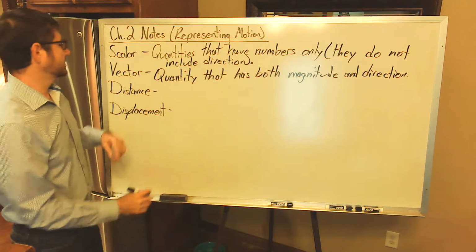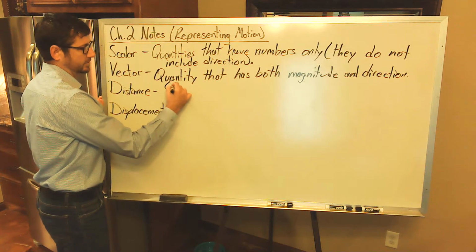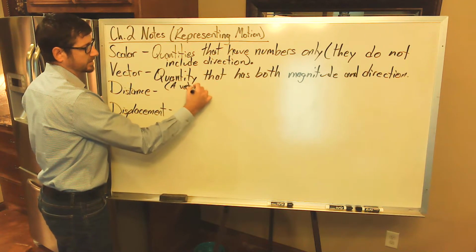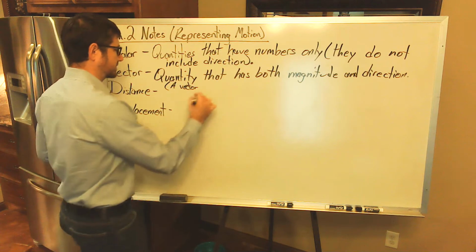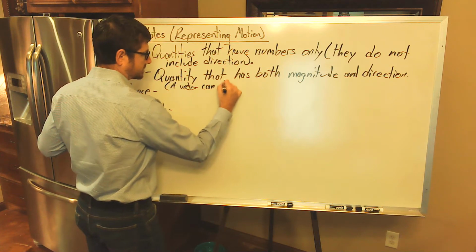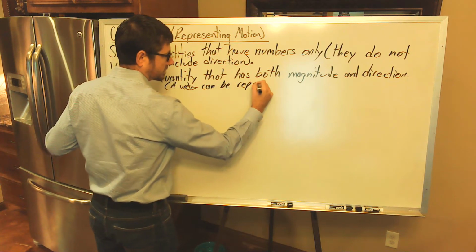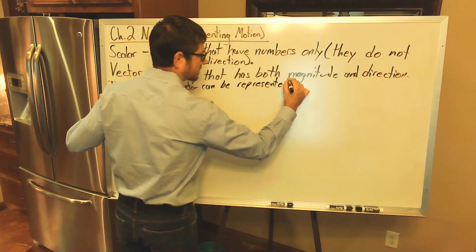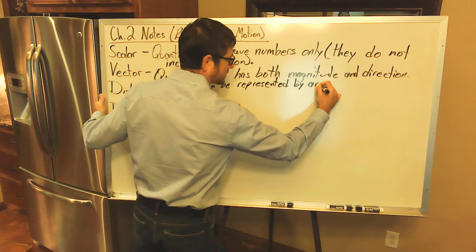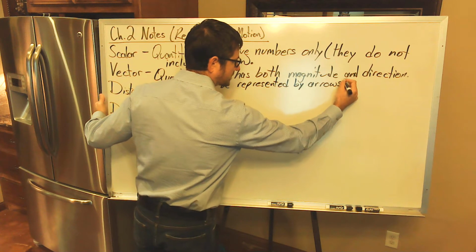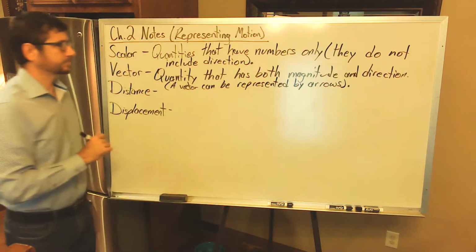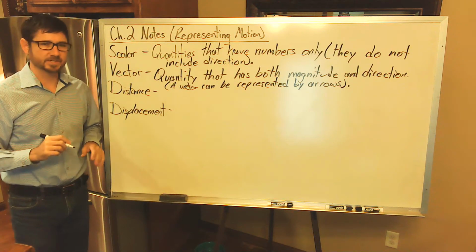And I want to add here that a vector can be represented by arrows. Okay, and we're going to talk about some examples here in a minute.